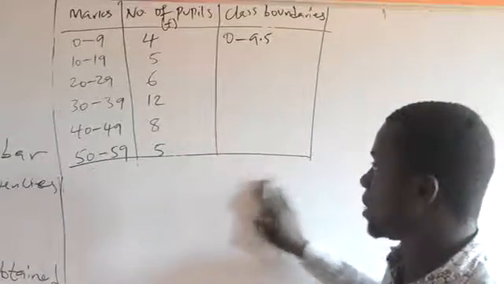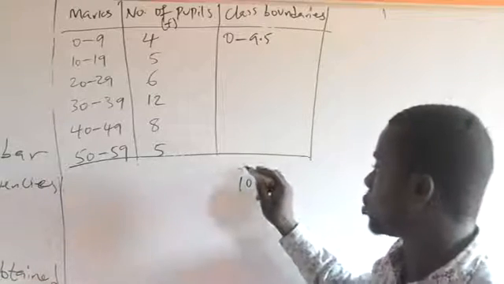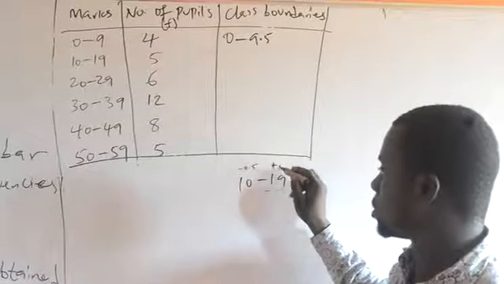Then you continue the class boundary. We have 10 to 19. What do you do here? Here you minus 0.5, here you add 0.5.